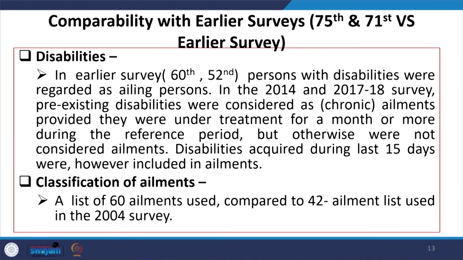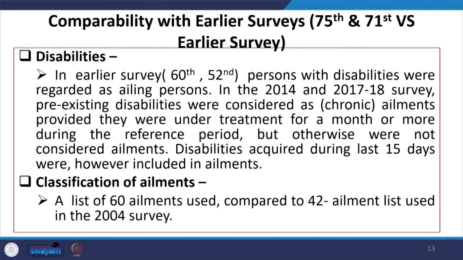In earlier surveys like the 60th round and 52nd round, persons with disabilities were regarded as ailing persons. In the 2014 and 2017-18 surveys, pre-existing disabilities were considered as ailments provided they were under treatment for a month or during the reference period. But otherwise they are not considered ailments.